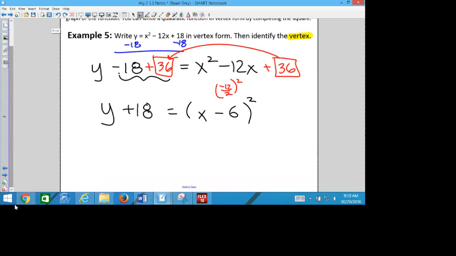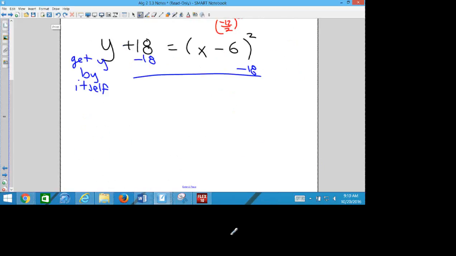To put this in vertex form, I have to have y by itself. So I'm going to subtract 18. You cannot subtract 18 inside of the parentheses. You just write it after the parentheses.